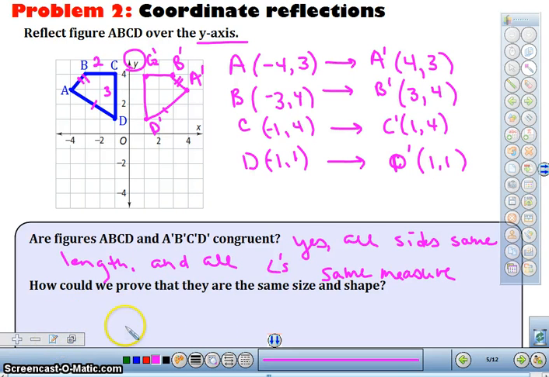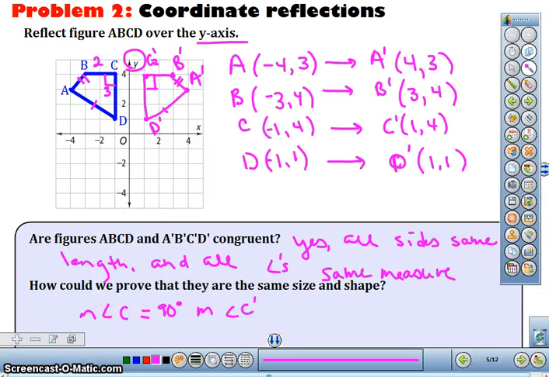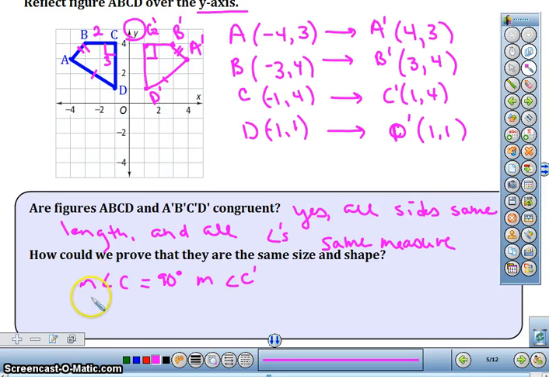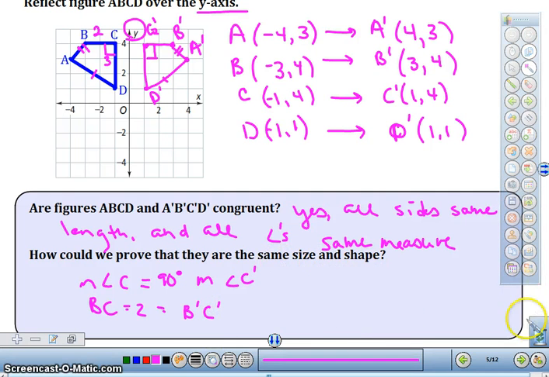If we are looking at the angle at C, that's equal to 90 degrees, and the measure of angle C prime is also 90 degrees. If we are looking at measures of sides, the measure from B to C equals 2, which is the same distance as B prime to C prime. So remember, same size and shape, that's what we are going to be looking at, is that those two things hold.